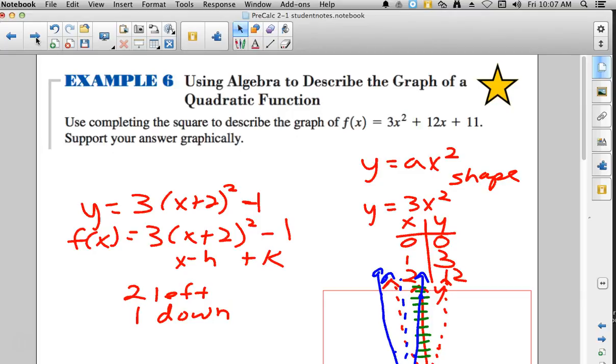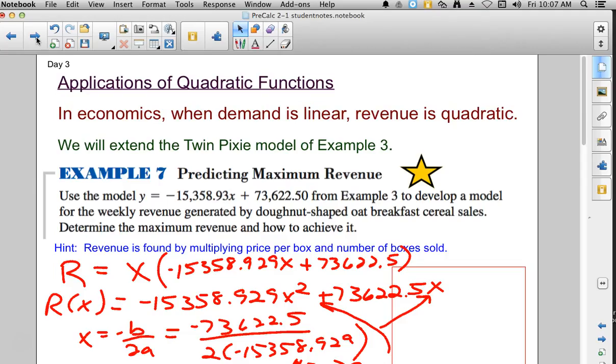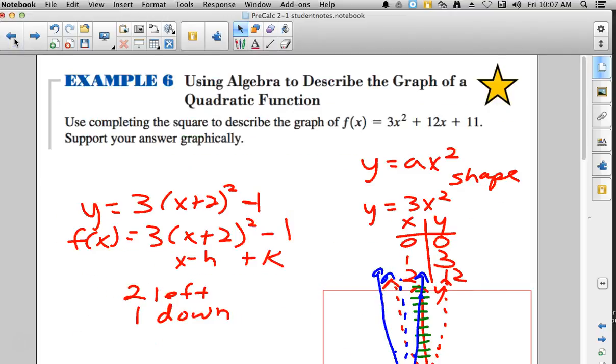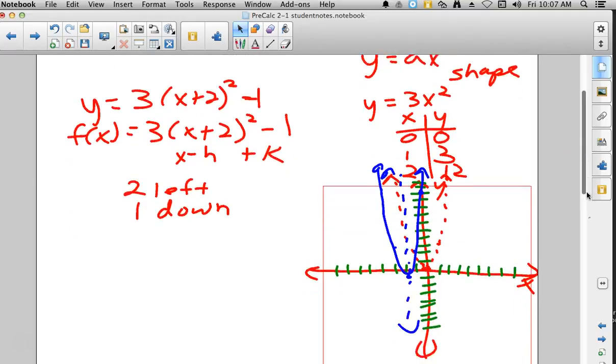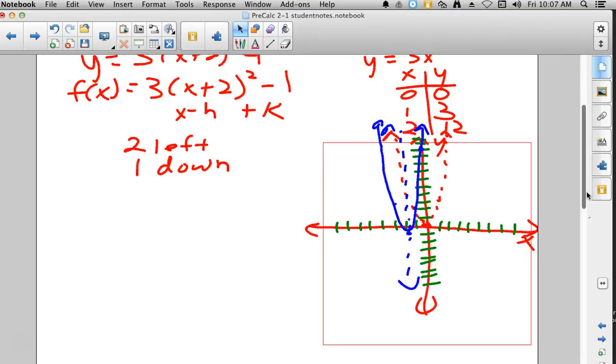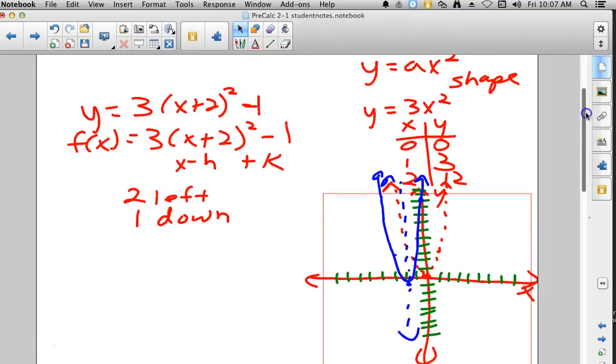All right, why is it bringing me back to that? That was not it. Here's example 6. To describe. That just must have gotten saved with all of the stuff on top of it last year, huh?